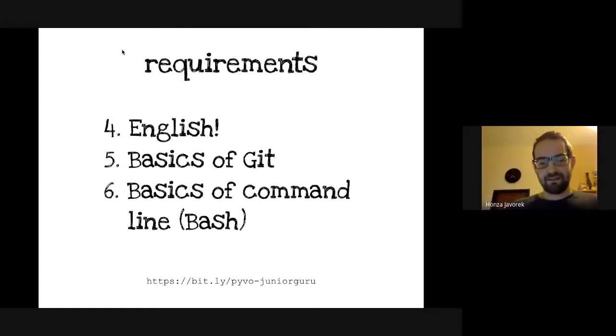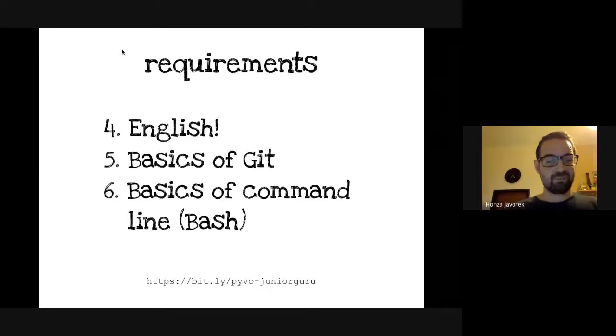But I'll say that English is really important, and if you feel like you lack in English and you don't have a good command of it, really think about boosting that skill, because tech is heavily English oriented, and you can get with Czech only so far.